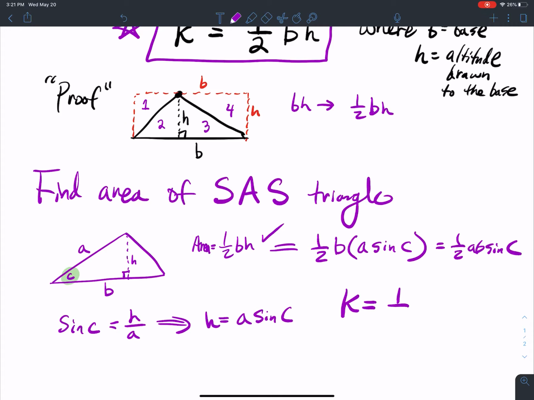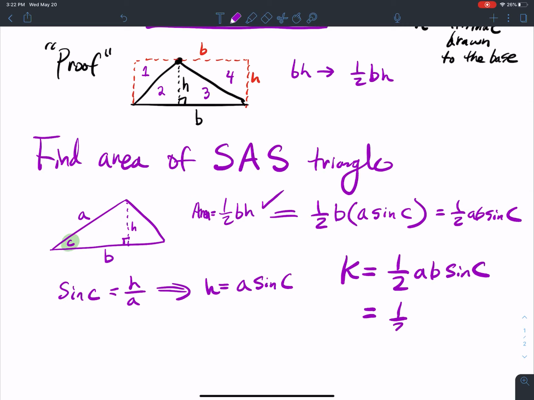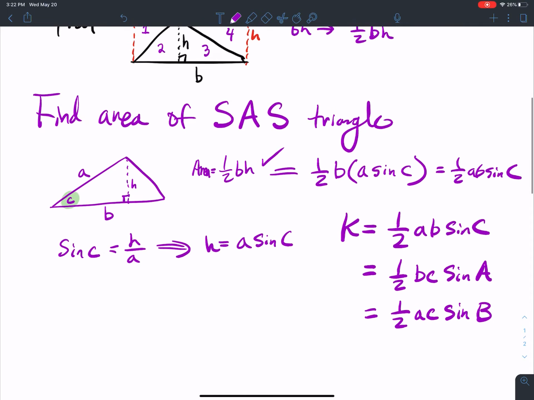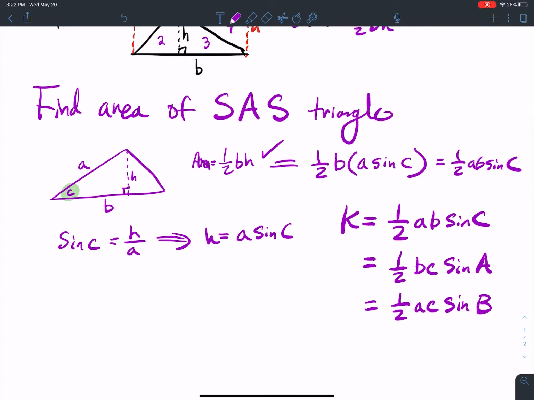Area equals 1/2 AB sine of angle C. You could also have 1/2 BC sine of angle A, and you could have 1/2 AC sine of angle B. Those are the different ways you could do it.